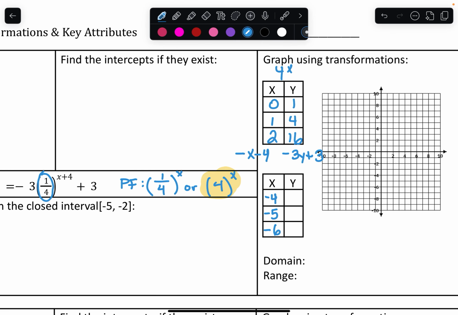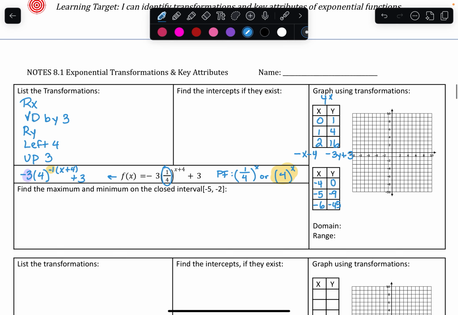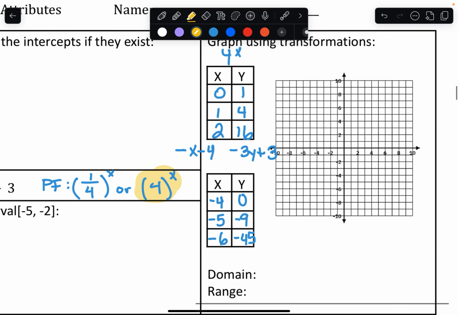For the y values, -3 plus 3 is 0. -12 plus 3 is -9. And then we get -45. So it decreases pretty fast. And again, this graph has been shifted up 3. So comparing it to the parent function, when we plot it, our horizontal asymptote has also been shifted up 3 to y equals 3.